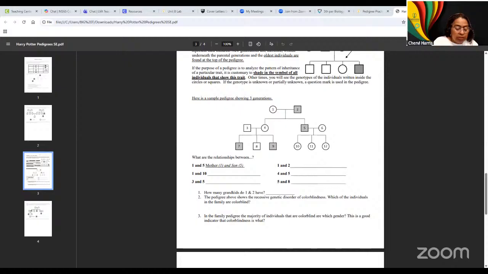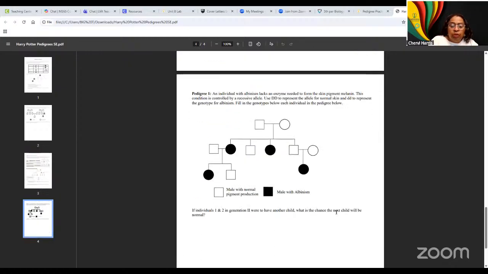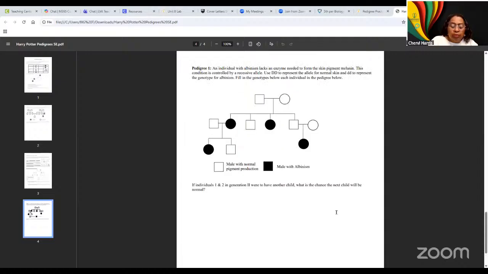And it is a good indicator that this disease is sex linked. The females don't have it, only the males. All right, so I did that one for you. You work on this one.